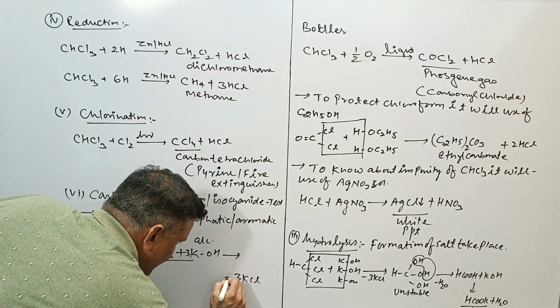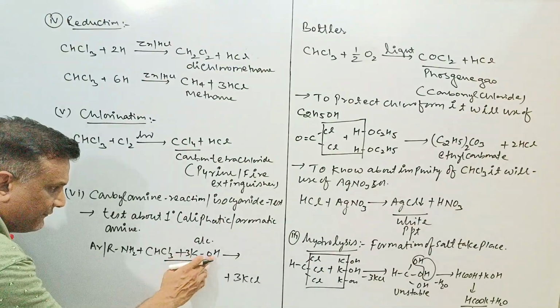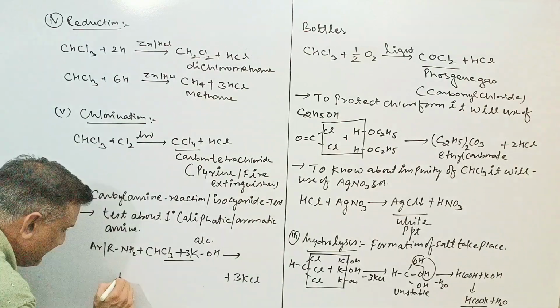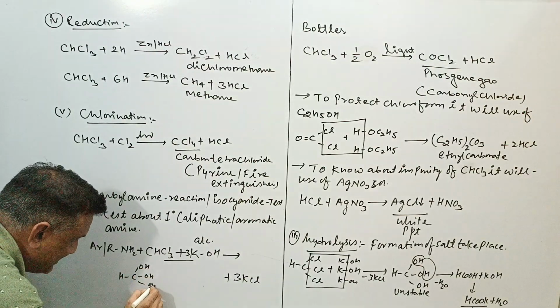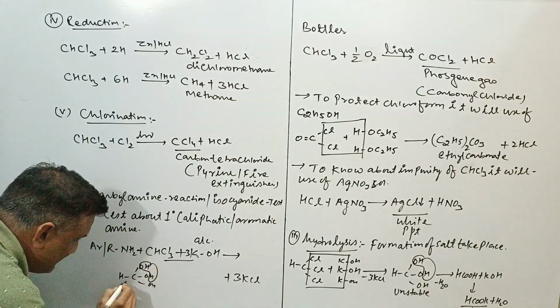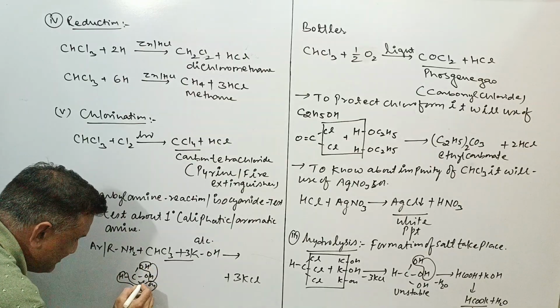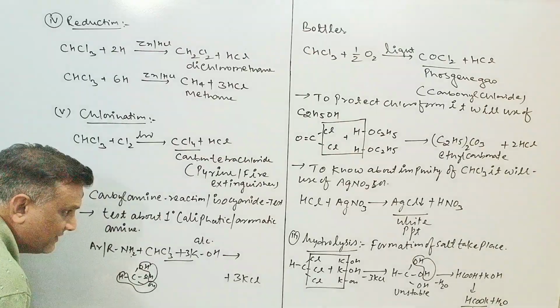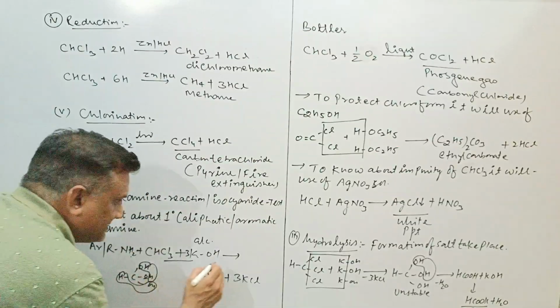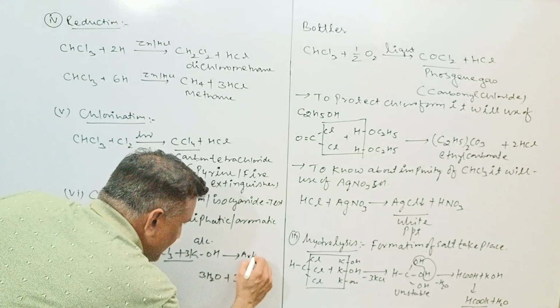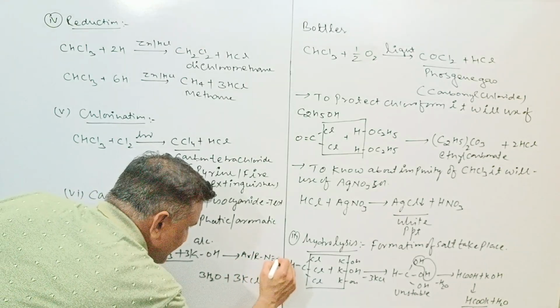First of all, here 3 OH will be on one carbon atom. That is not possible, so there will be release of water molecules like this: one H2O, another H2O, third H2O from here. So there will be removal of 3 H2O and it will form ArNC or RNC.